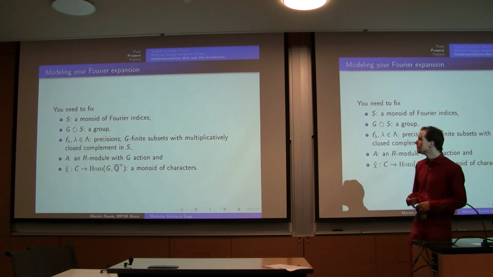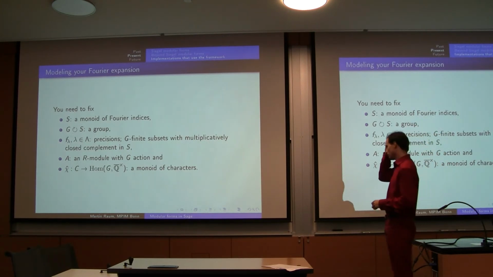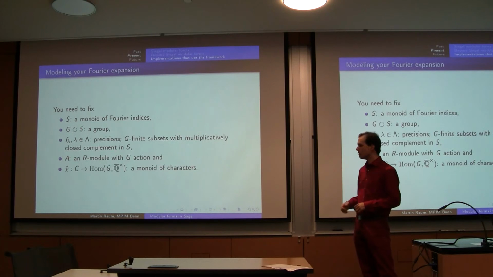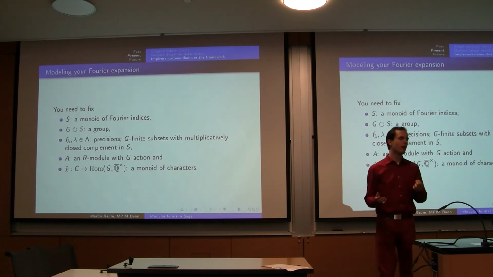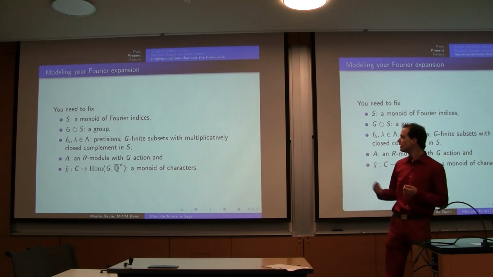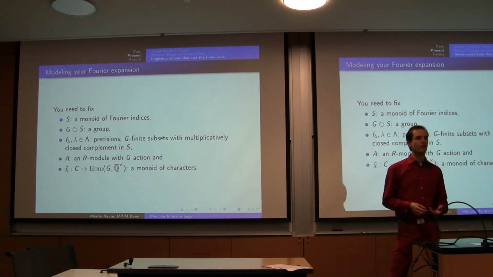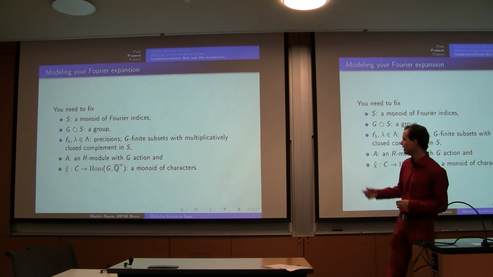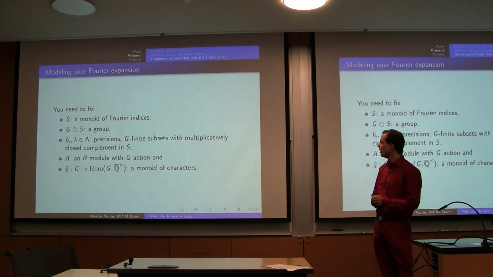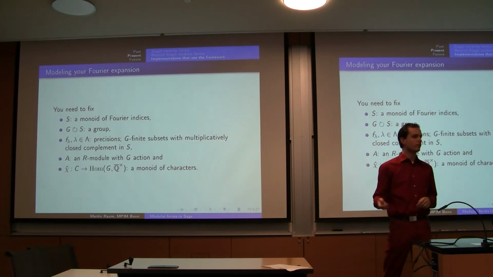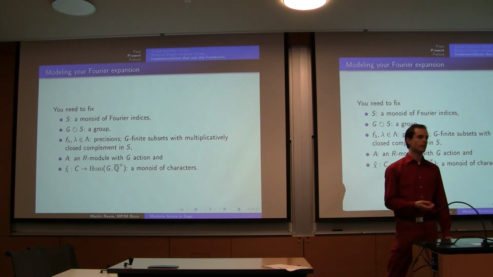And then in an algebra, or rather in an R-module, we really need R-modules here. Normally we do have something like Q bar or whatever. But for Siegel modular forms, of course, we want to have vector valued forms. Or in general, we want to have all kinds of modular forms that arise from the decomposition of the Hodge bundle. And there we will have modules only and not algebras, for example, symmetric polynomials with coefficients in Q of homogeneous degree 2, for vector valued weight 2 Siegel modular forms.